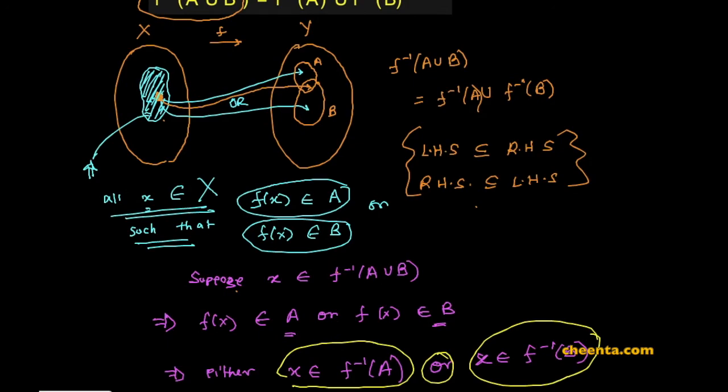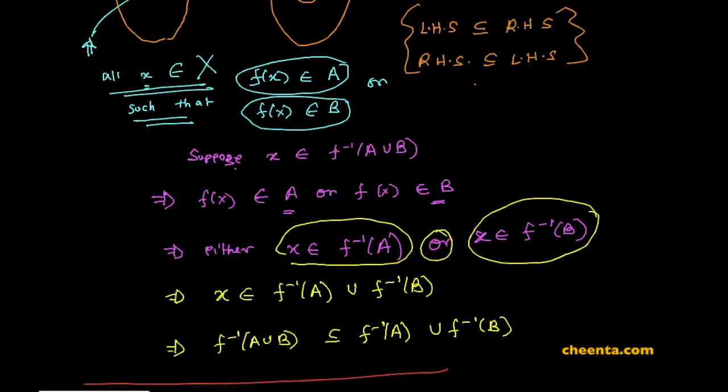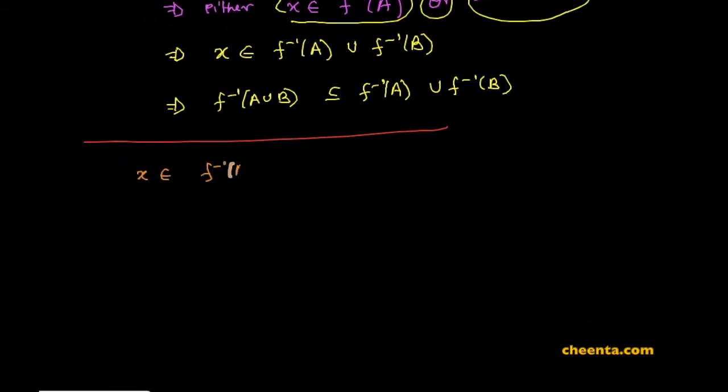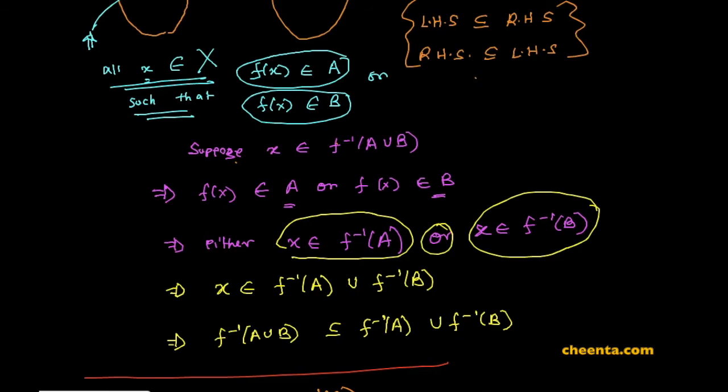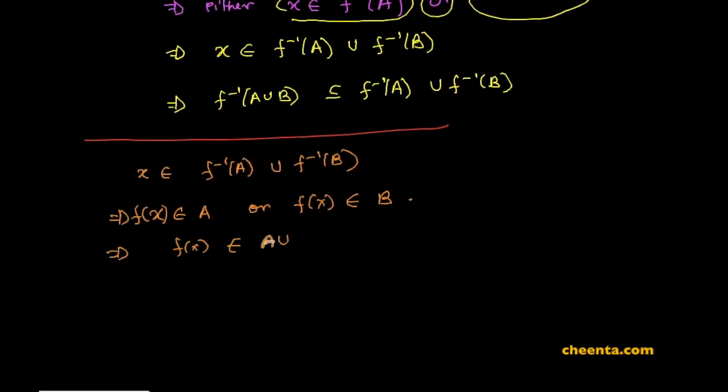The same thing is true the other way around. So let's quickly do the other way around, and I'll not spend much time on that. I'll pick one element from f inverse A union f inverse B. This implies f of x is in A or f of x is in B. And you should try this on your own before seeing the rest of the video. But that would mean f of x is in A union B. Of course, if it's in A or in B, then certainly it's in the union of both of these pieces.